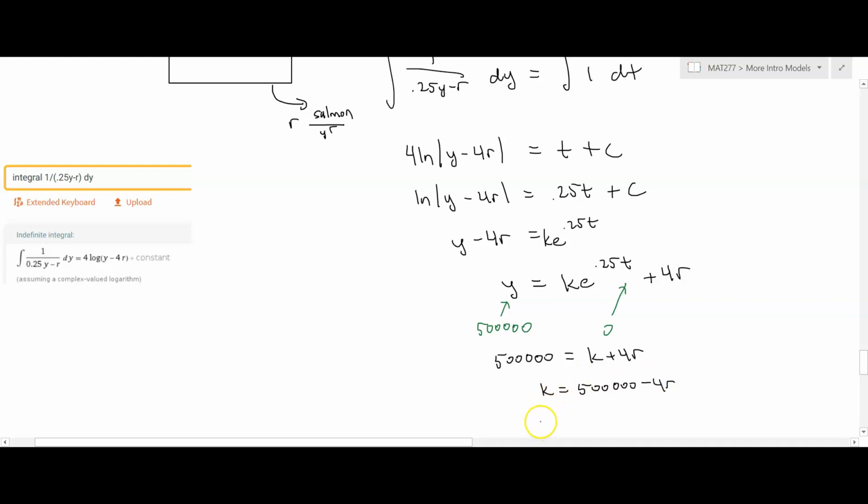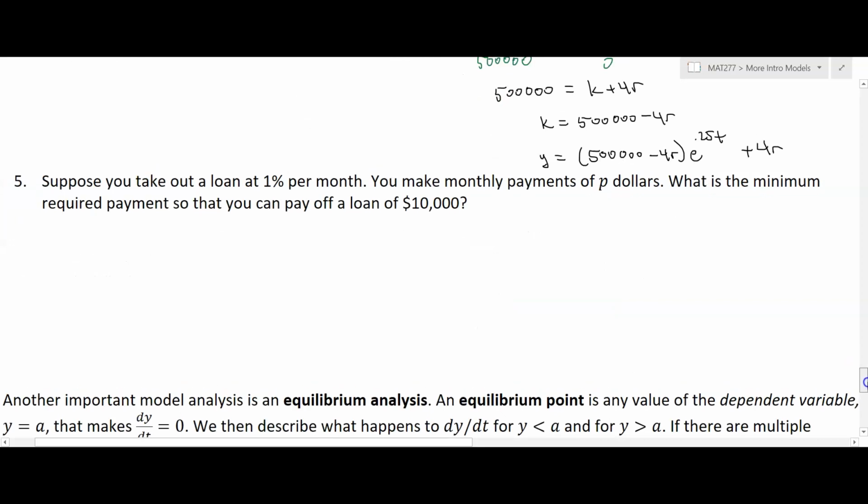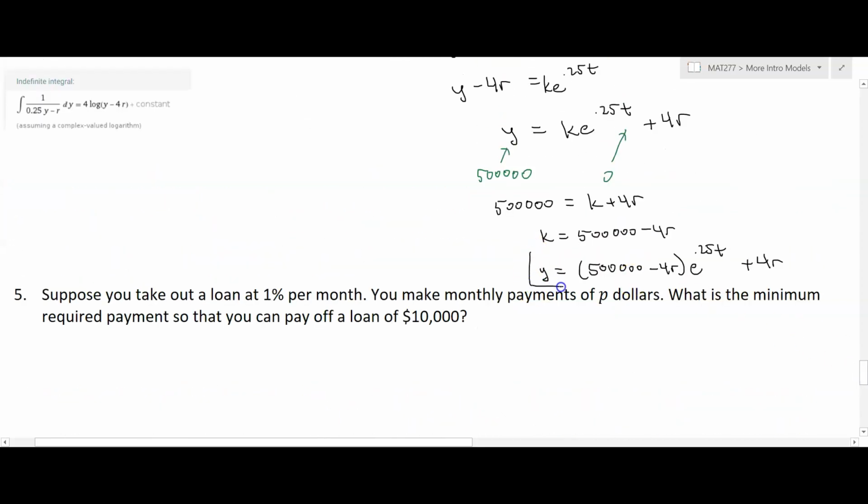Our final model will be y equals (500,000 minus 4R) e to the 0.25t plus 4R. And now this is the number of salmon in our lake, our pond, excuse me, or stream, whatever it is we're talking about.